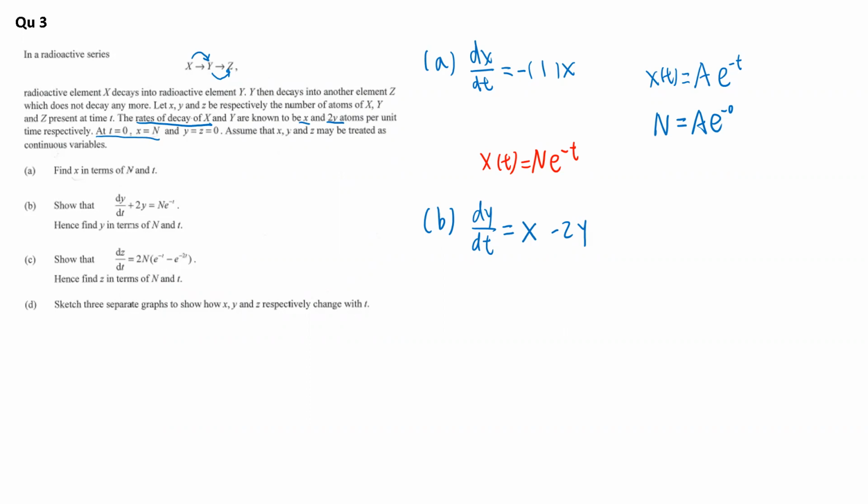Now the good thing is that we know x from part A. So let me write dy/dt plus 2y equals x, and x is just this, N times e to the minus t.